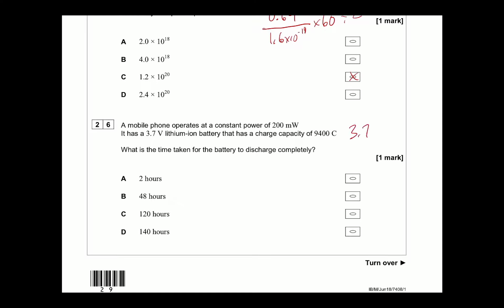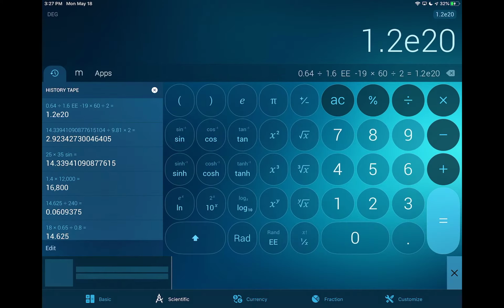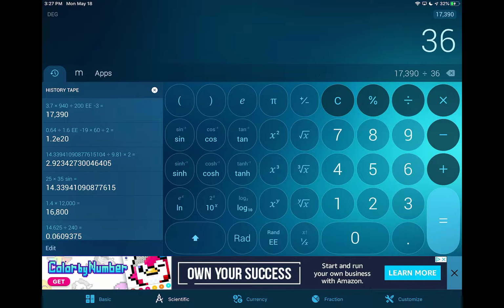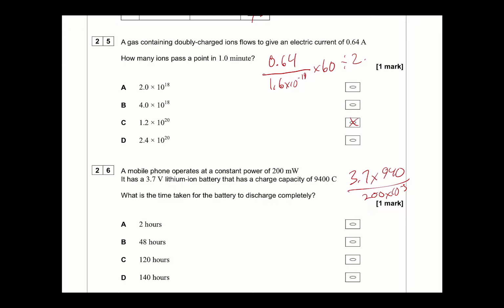So 3.7 times 940 divided by 200 times 10 to the minus 3, and then divided by 3,600 seconds in an hour, 4.8 hours. Where have I gone wrong? Oh, 9,400. So 48 hours.